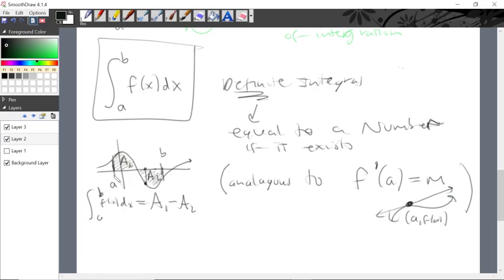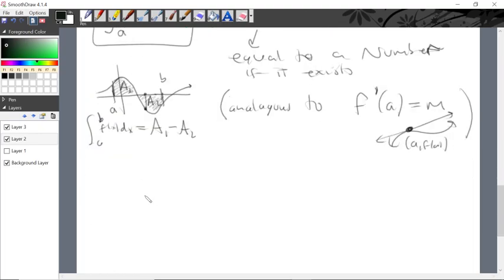As long as we have a left bound and a right bound and a nice function that we can integrate, this is going to equal a number, just a number, and that number can be interpreted as the difference in areas from above to below the x-axis, over the closed interval.